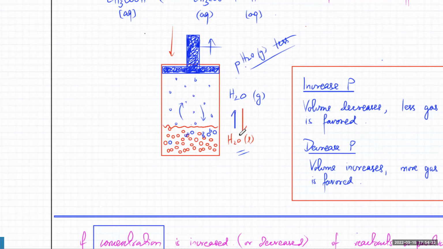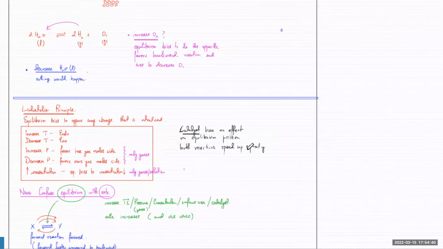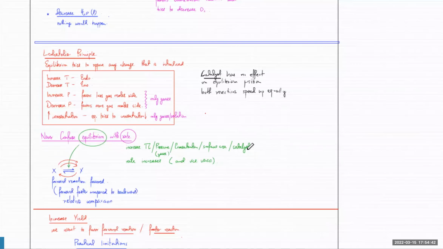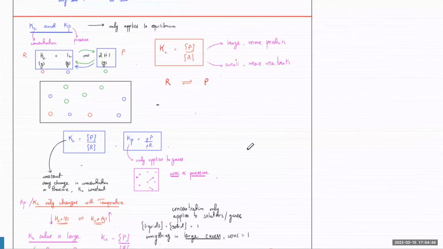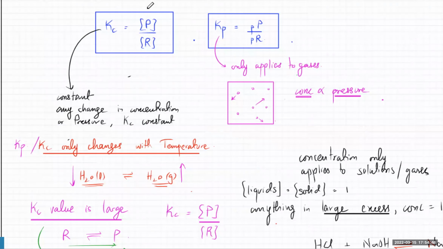Vice versa, अगर मैं water vapors खत्म कर देता हूँ, the liquid water would condense, and the ratio would be maintained. The equilibrium will try to maintain it. So no matter what you do with pressure or with concentration, this ratio is going to be maintained.